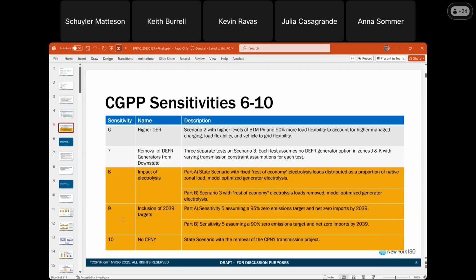And then we're doing sensitivity 9, which looks at the inclusion of 2039 targets, particularly 90% and 95% zero emission targets in 2039. And then finally, we will be looking at sensitivity 10, which looks at a scenario without the Clean Path New York transmission project.